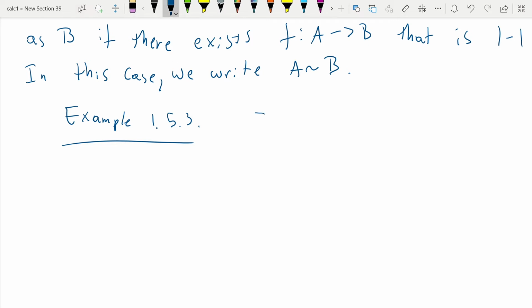So let's define E to be the set of even numbers in N.